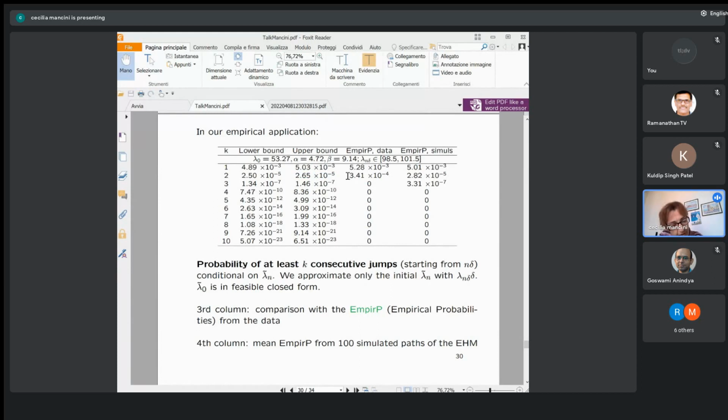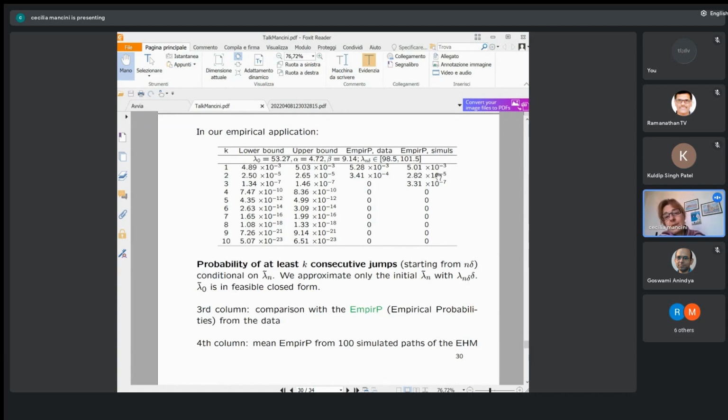But this is because in our data record, we have a huge amount of jumps occurring at 5 minutes distance. So two consecutive jumps, given the observations each 5 minutes, produces a lot of occurrences.